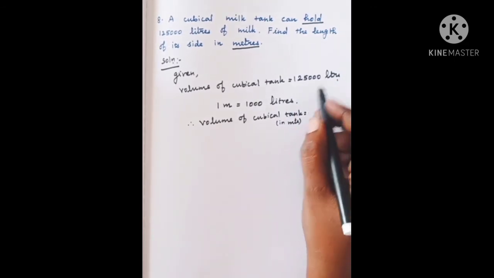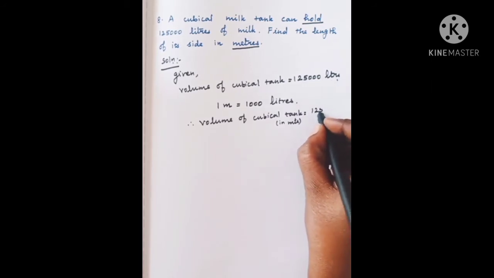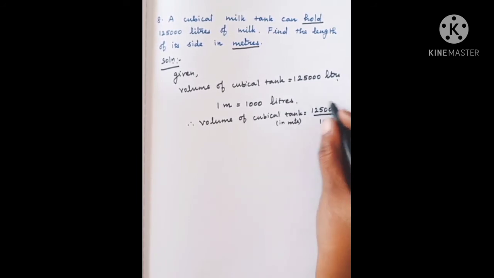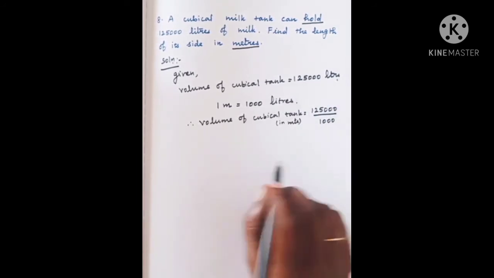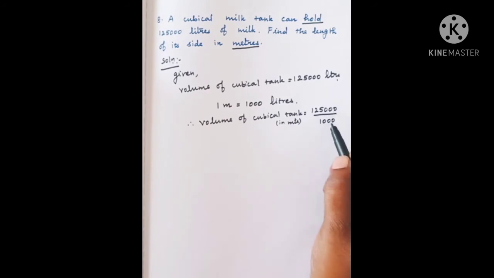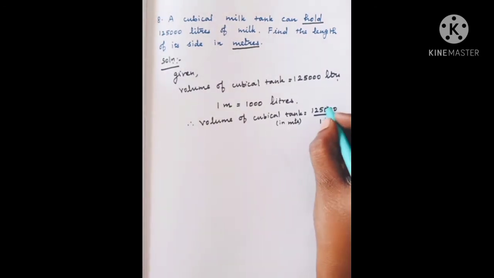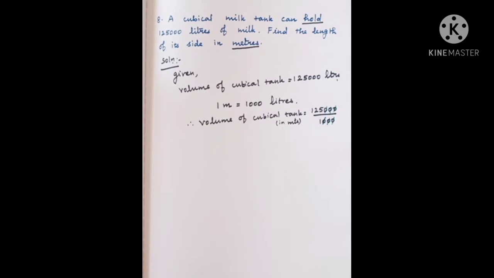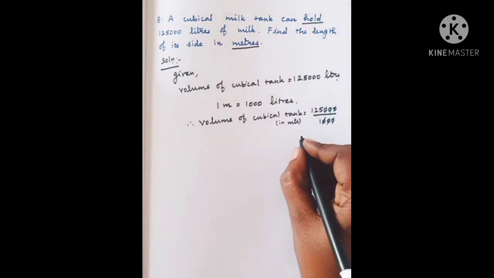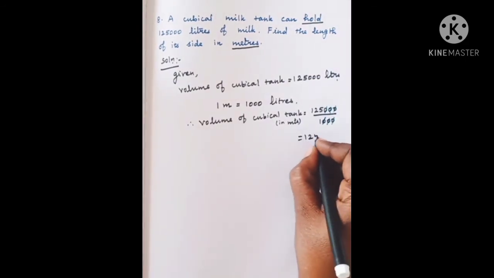So volume of cubical tank is equal to 125,000 divided by 1000, you have to divide by 1000 to convert liters to meters. So cancelling 3 zeros from the numerator and cancelling 3 zeros from the denominator, you will get 125.